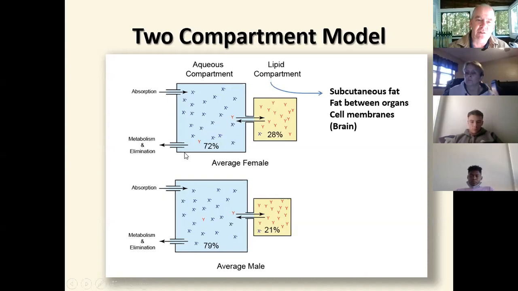So as it's slowly coming out this way, it'll slowly come out of the fat. So when you take a very fat-soluble drug, it'll partition into that fatty compartment, and then as the little bit that's left in the aqueous comes out, it'll come out of the fat and replace that aqueous, so you get this slow elimination. If something is only in the water compartment or mainly in the water compartment, it'll come out really quickly because that's where the elimination happens, right there from the water compartment.